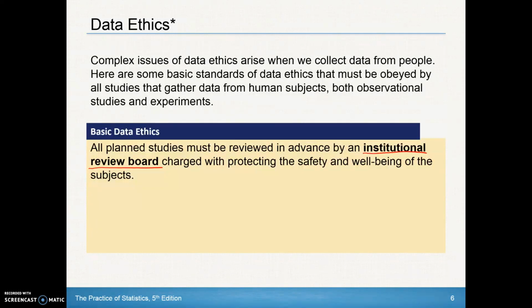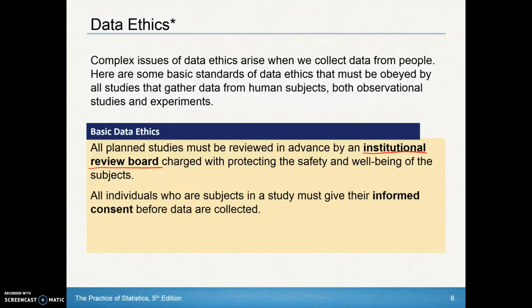If you are going to do a study that involves subjects, that involves humans, your company, your school will have a review board that will look through what you're doing and generally give you an okay or a limited okay or a no, we will not allow you to do that.